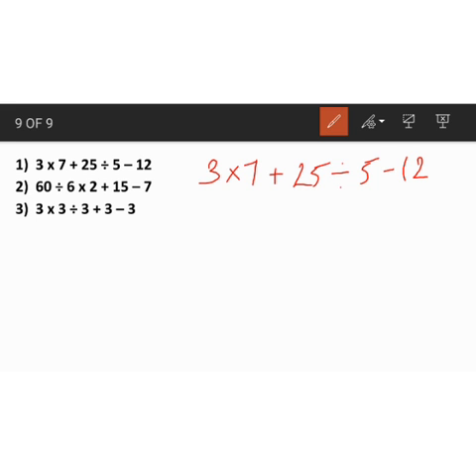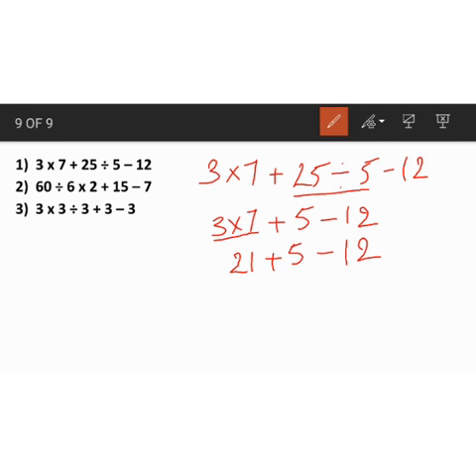So, we have to first do the division, that is 25 divided by 5. That should be done first. So, this will be 3 into 7 plus 5 minus 12. Now what we have to do? We have to do the multiplication. So 3 into 7, that will be 21 plus 5 minus 12.